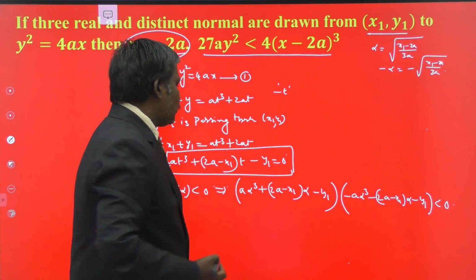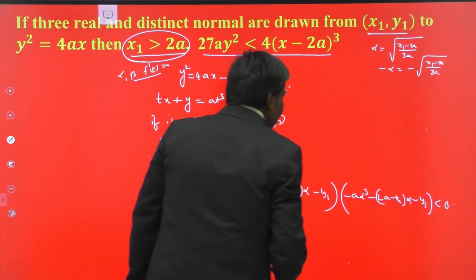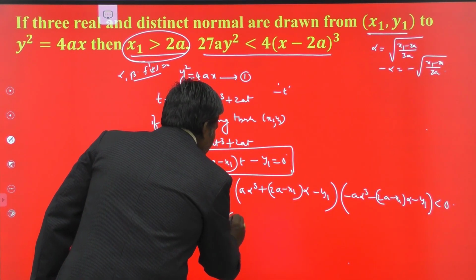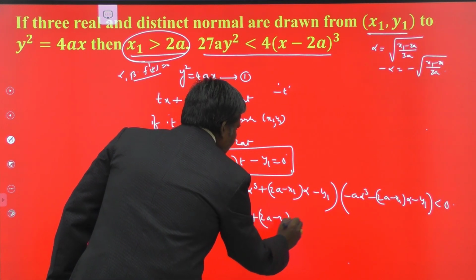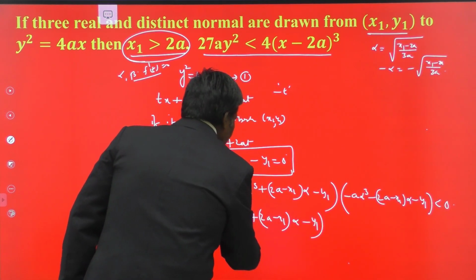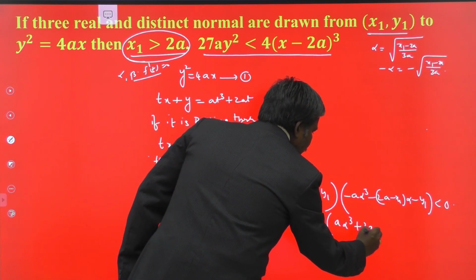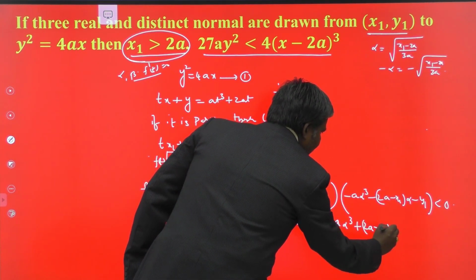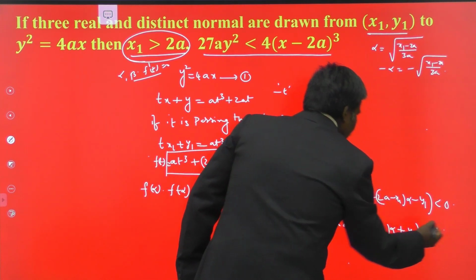This is less than 0. Now take minus common. If you remove that minus, the inequality is changed. We get a alpha cube plus 2a minus x1 into alpha minus y1 into a alpha cube plus 2a minus x1 into alpha plus y1 should be greater than 0.